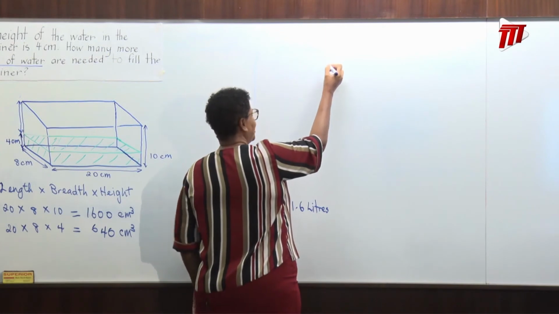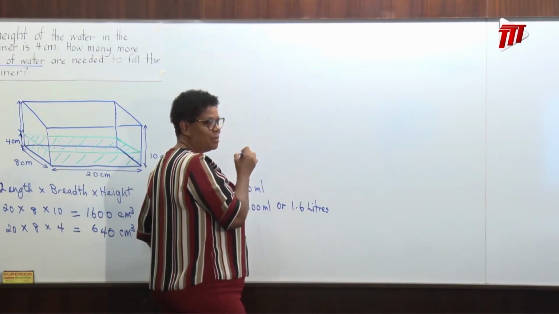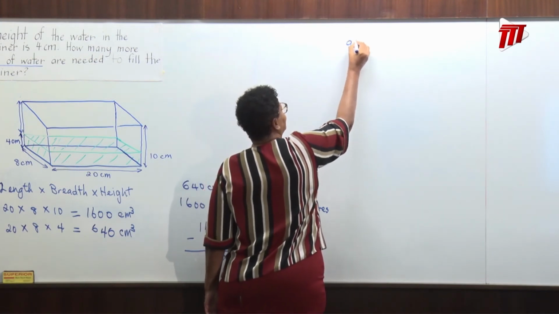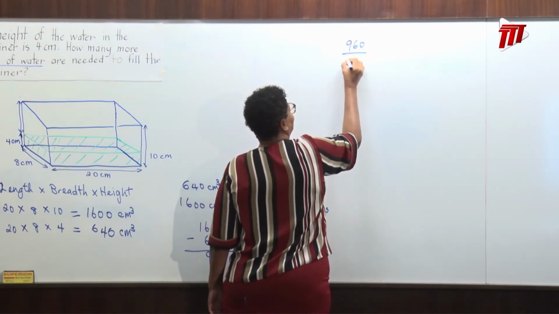So I'm going to change the 960 milliliters to liters. So I'm going to divide 960 divided by 1,000.